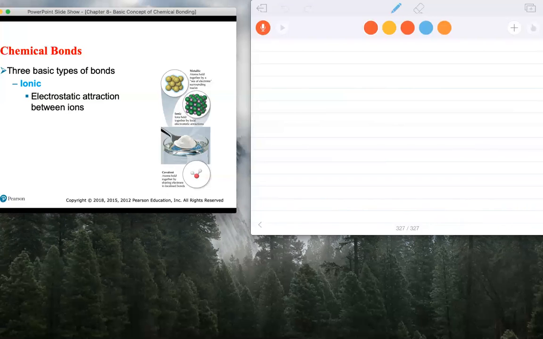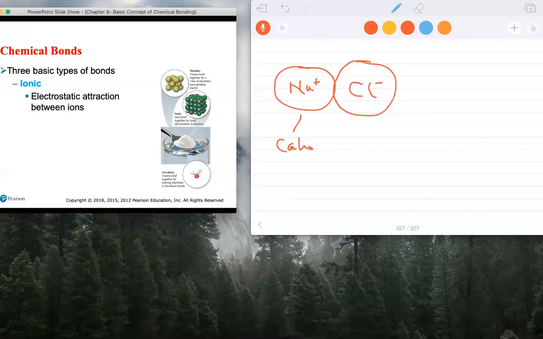For example, sodium, which is positively charged, and chlorine, negatively charged. The force of attraction between these two ions constitutes what we call ionic bonding. This is cation, positively charged, and this is anion, which is negatively charged.